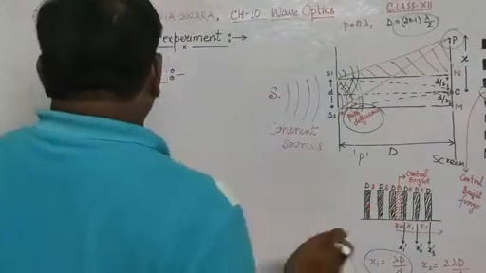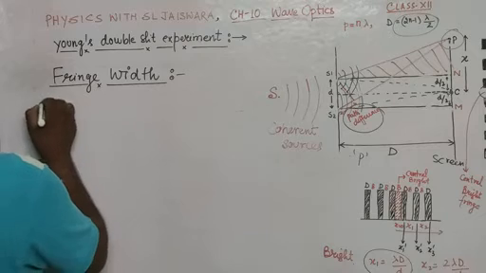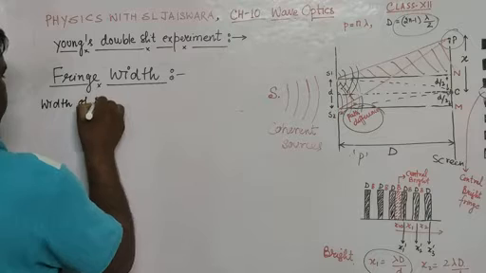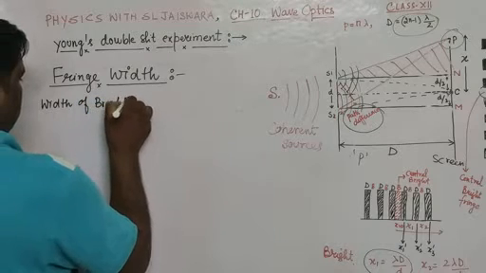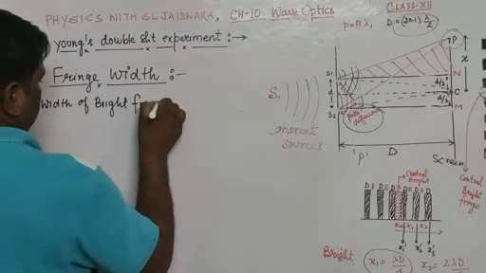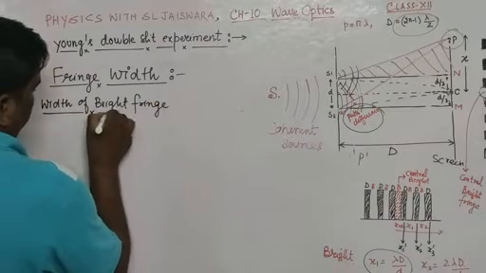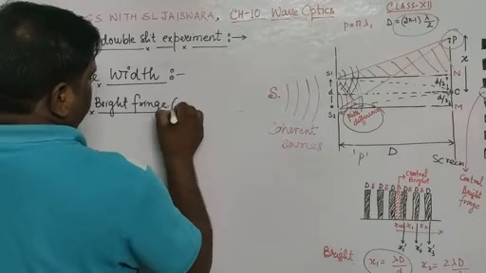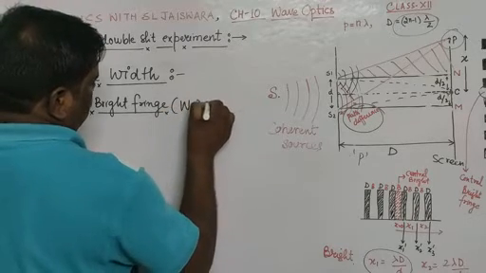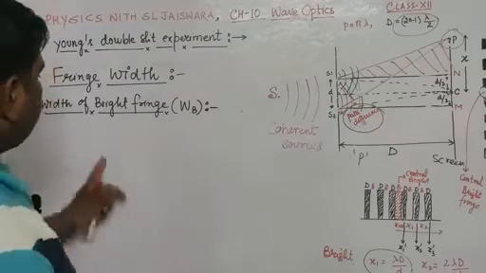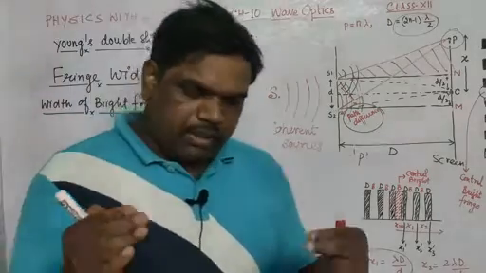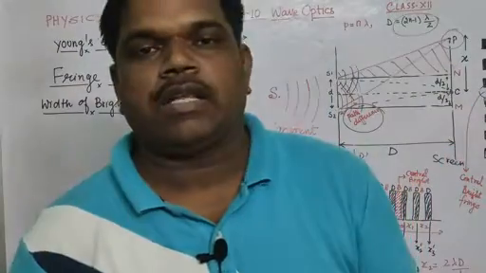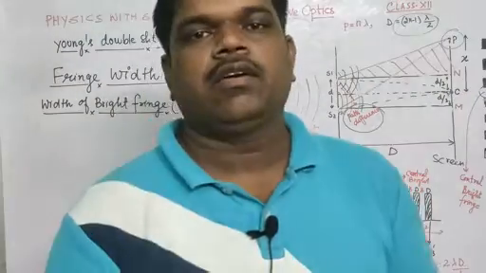So the width of a bright fringe is represented by WB. Actually, the width of a bright fringe is the difference between any two consecutive dark fringes.